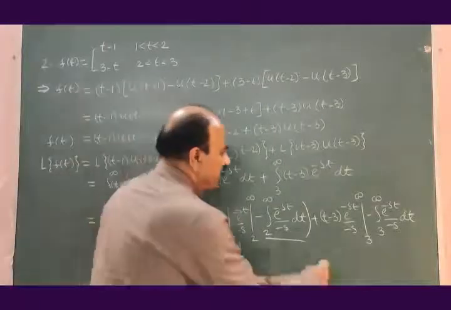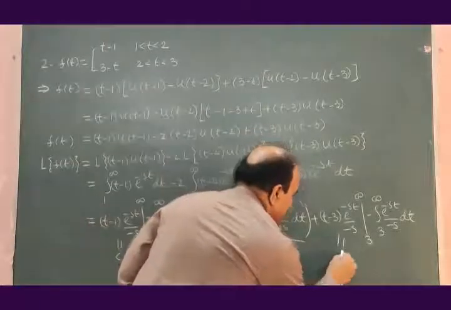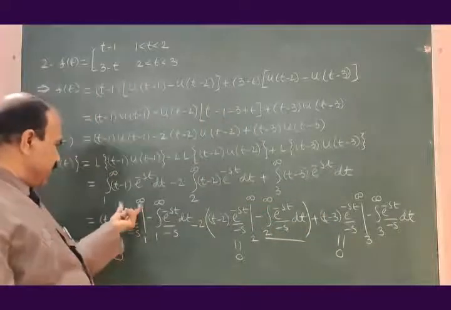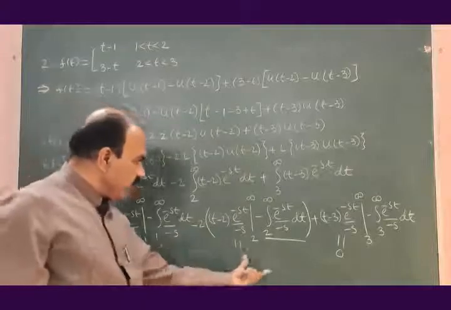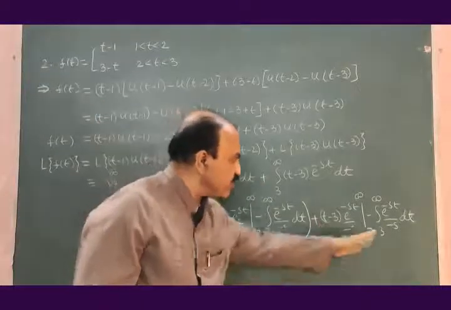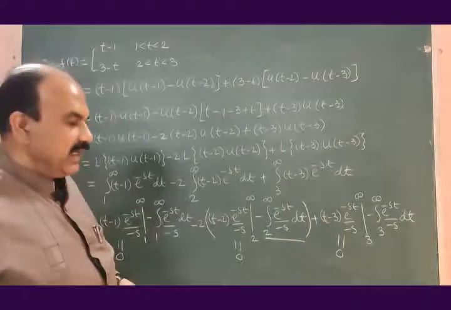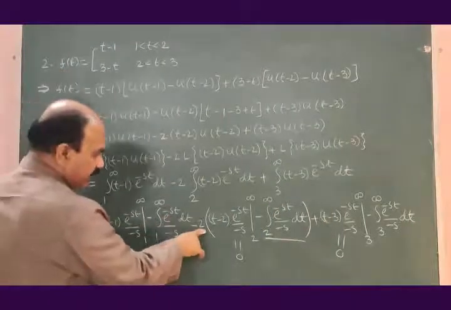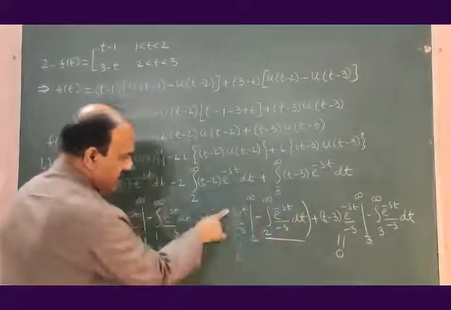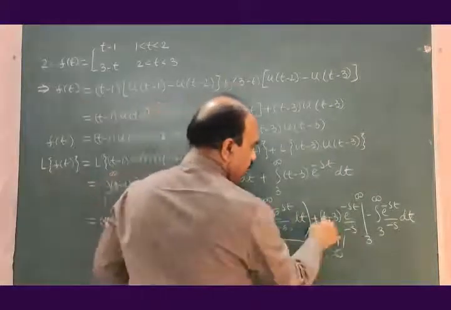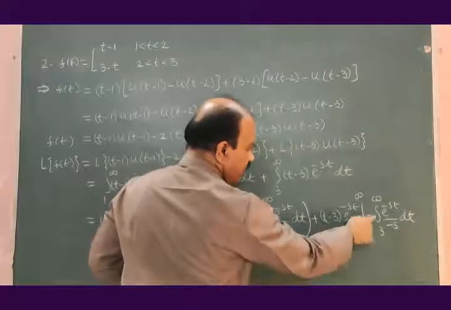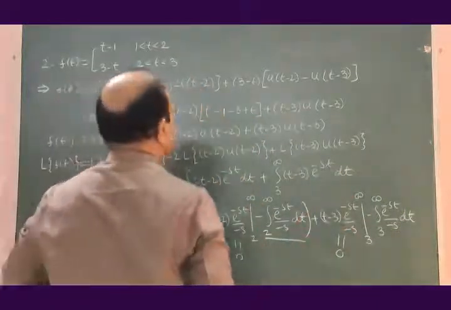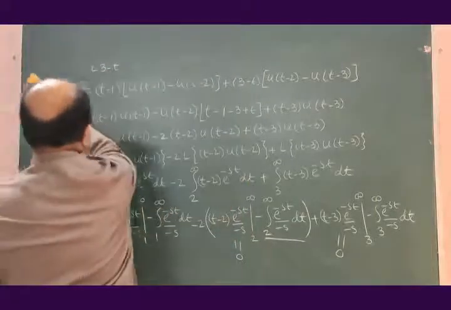This will become 0. With the same reasoning, this term will also become 0. Now only 3 terms are left: this term, minus 2 times this term, plus this term. Let us collect this term because it has become 0, minus 2 times this term because it has become 0, and plus this term, and this has become 0.